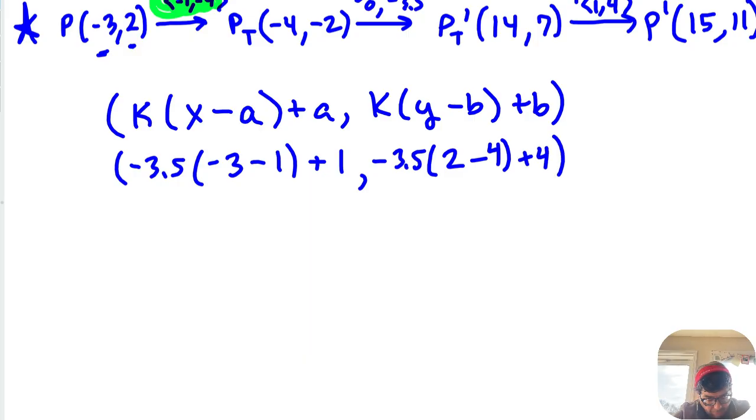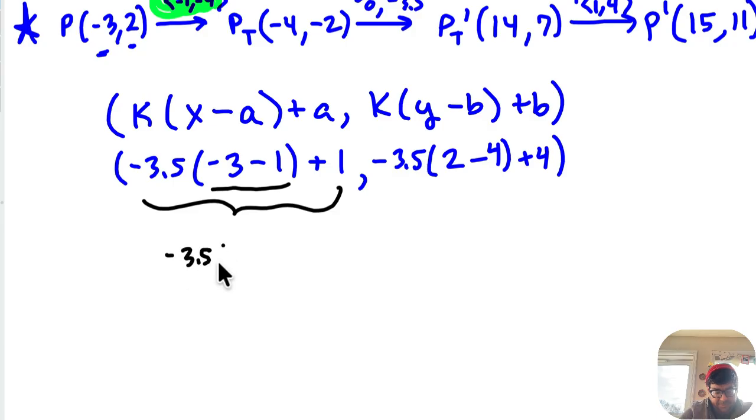So let's follow our order of operations. Here, the first thing you want to do is work in your parentheses. Negative 3 minus 1 is negative 4. And then you have negative 3.5 times negative 4, and then you're going to add 1. And for the y value over here, you do 2 minus 4. That gets you negative 2.